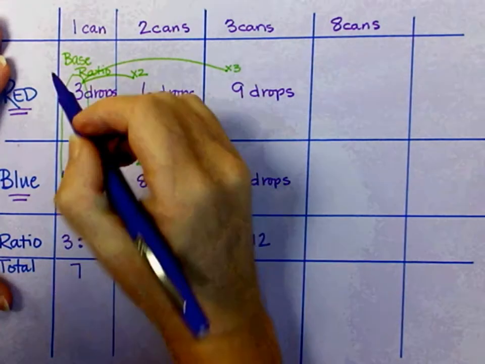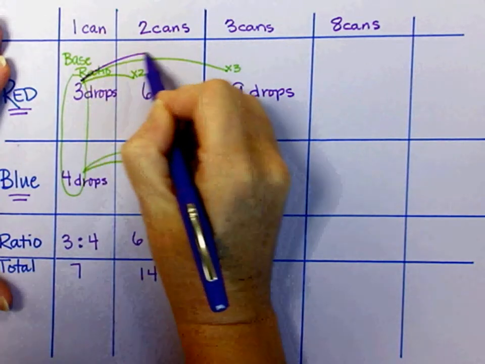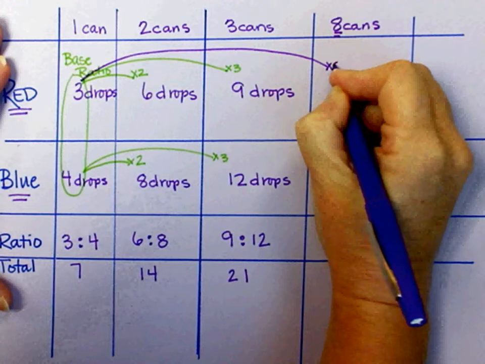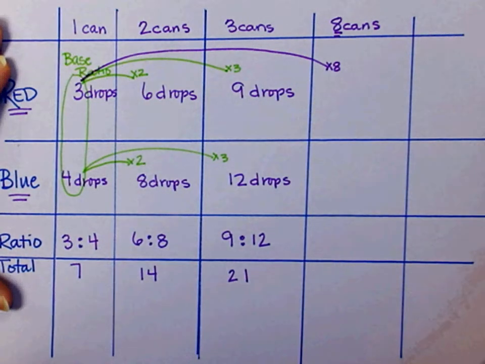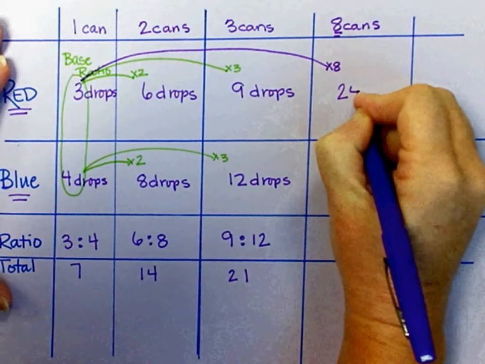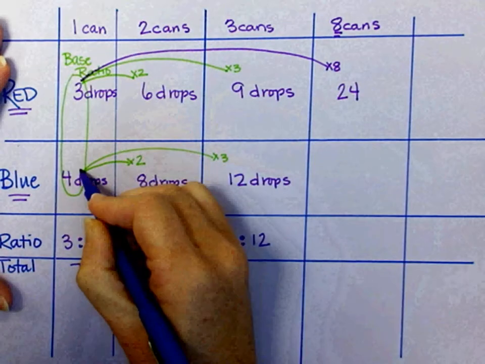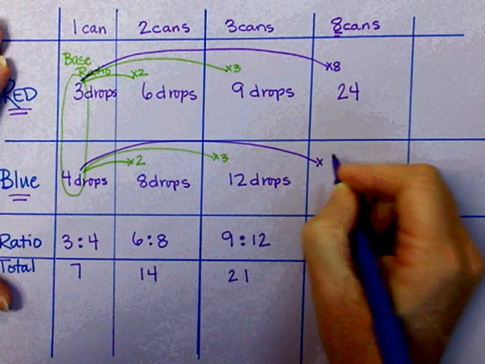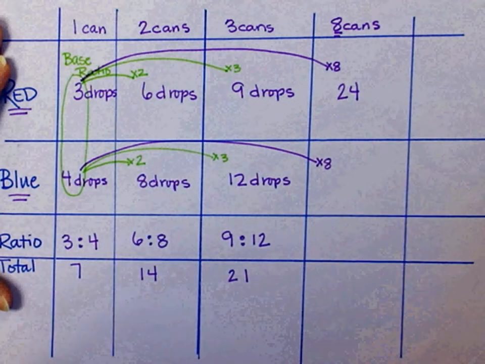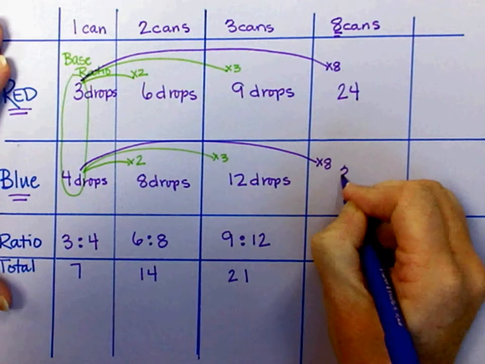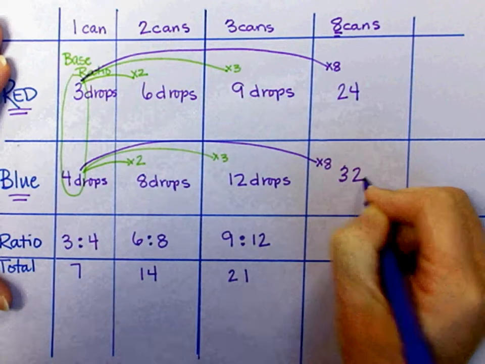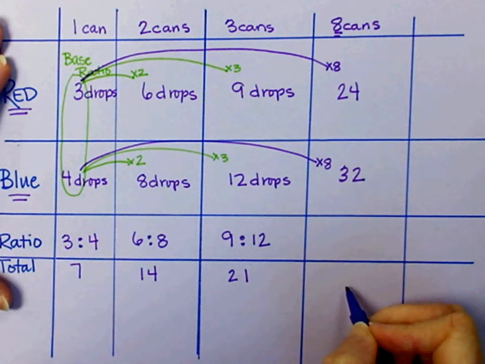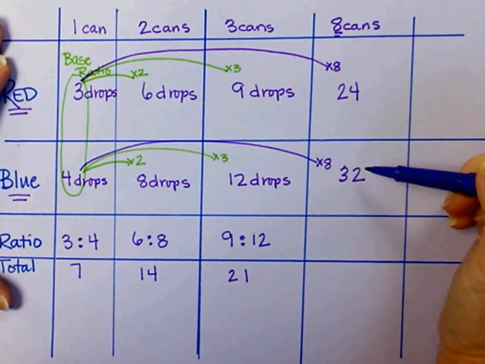If I come back to my base, and I know I want to purchase 8 cans, my scale factor becomes 8. So 3 times 8 is 24. Come back to my 4, and I'm purchasing 8 cans, so my scale factor is times 8. And we would get 32. So when I add this together and get a total, remember I want to add these together and find out how many total drops.